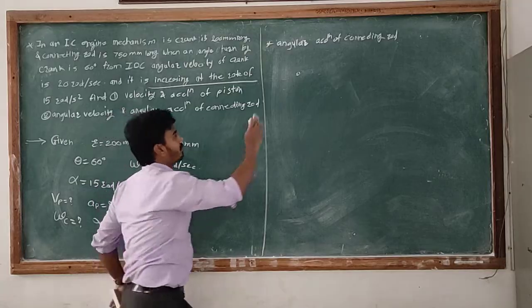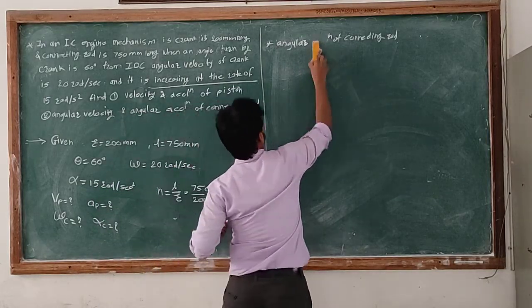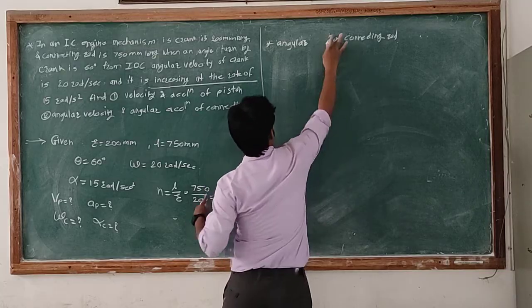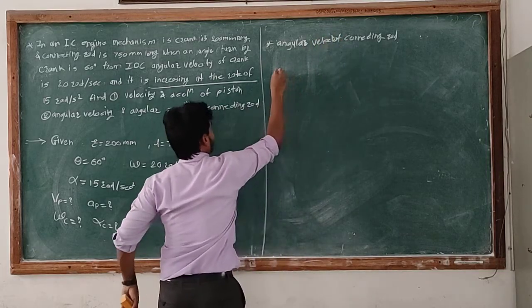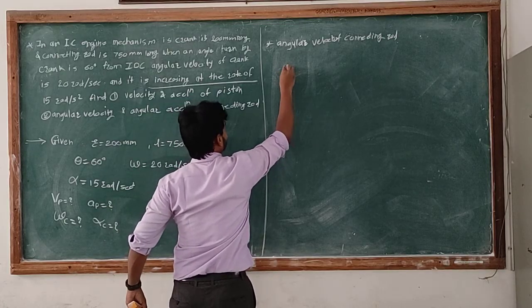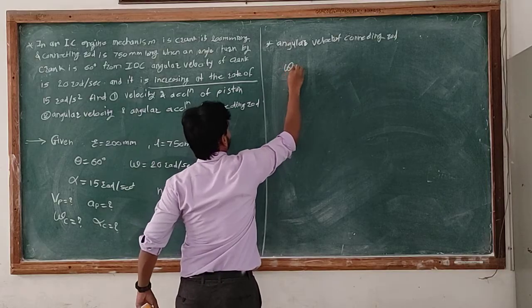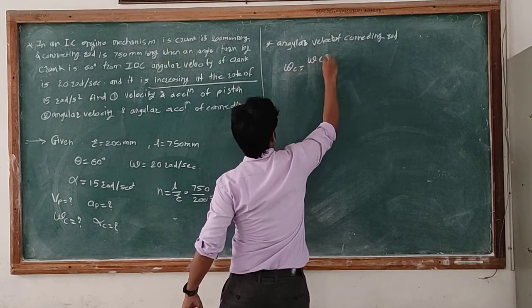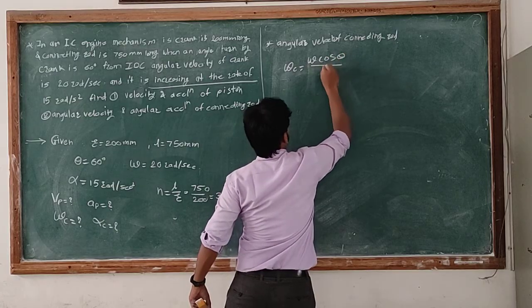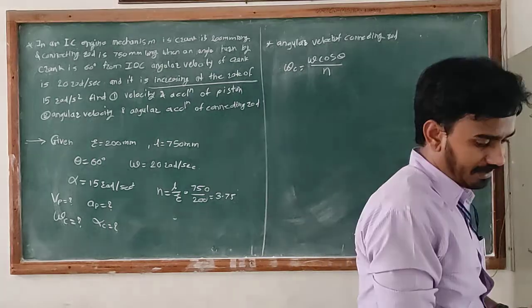First of all, we calculate the angular velocity. Angular velocity of the connecting rod is omega c, and it is equal to omega into cos of theta divided by n. Omega into cos of theta divided by n.